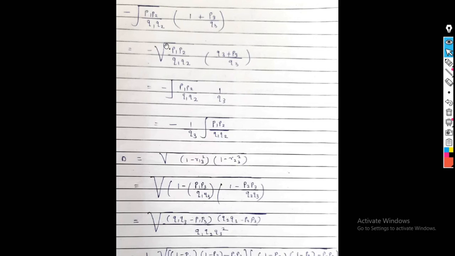This is equal to minus square root of P1 P2 divided by Q1 Q2. Solve this bracket, we get Q3 plus P3 divided by Q3. We know that P3 plus Q3 is 1, so this is 1 upon Q3. So we get minus 1 upon Q3 square root of P1 P2 divided by Q1 Q2. So this is the value of the numerator.